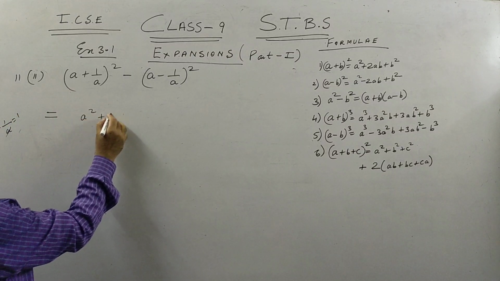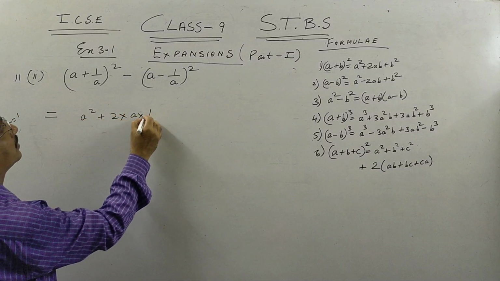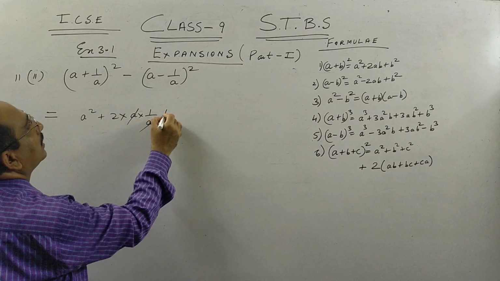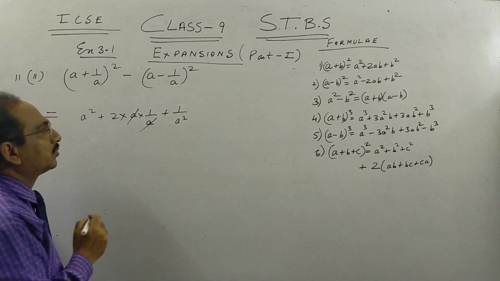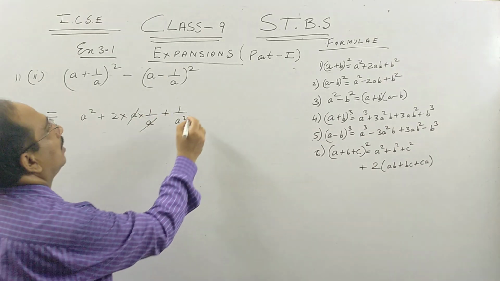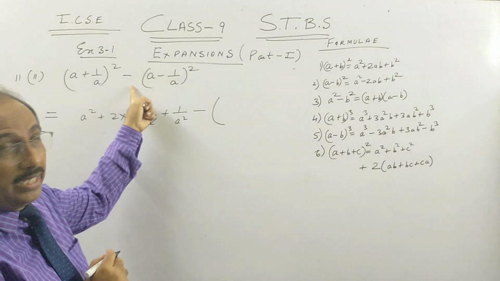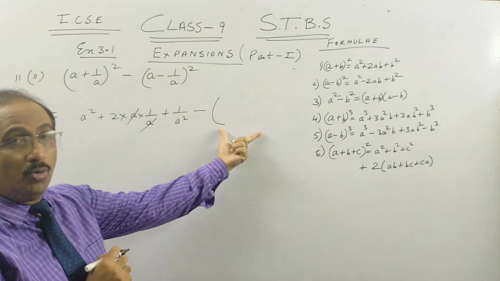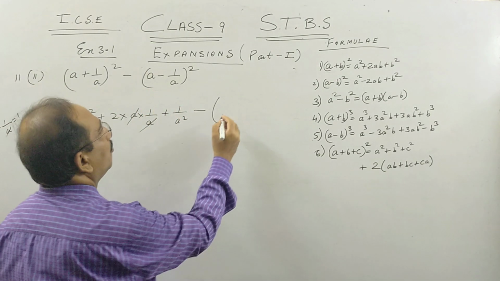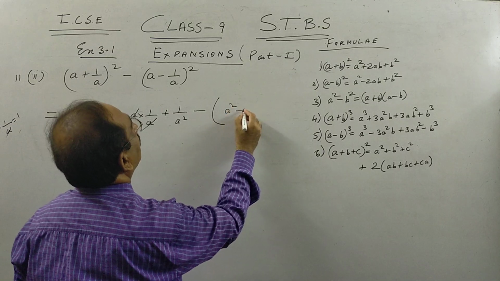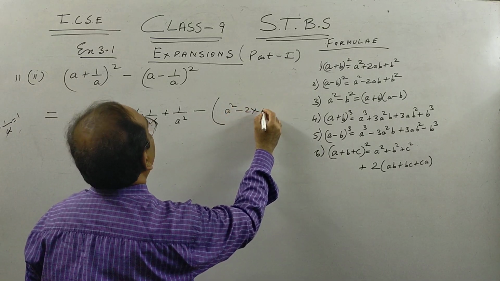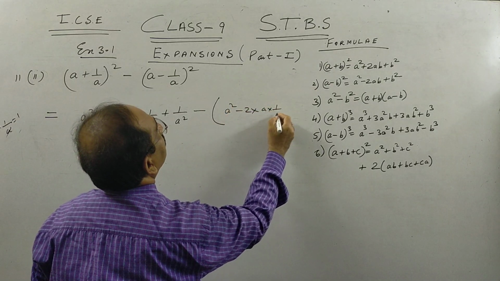First thing square plus twice the product of first thing into second thing, which cancels, plus second thing square. 1 square is 1. This minus, please put a bracket, children. Minus sign anywhere, if there is more than one term, please put the bracket. Then you will get 2ab.